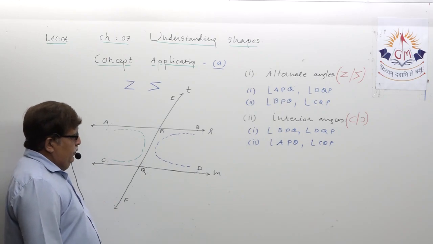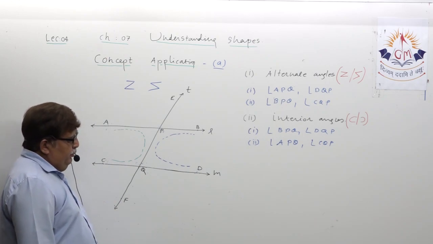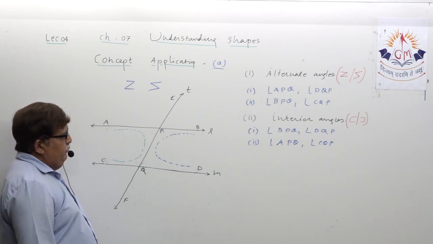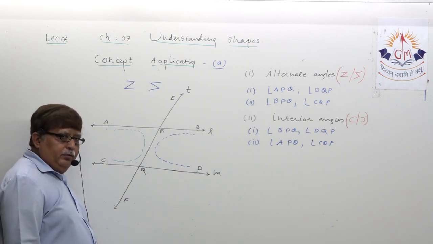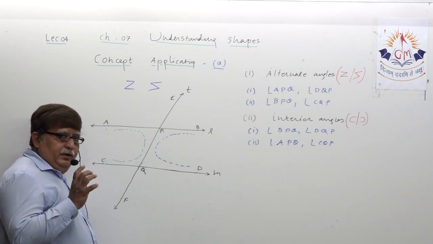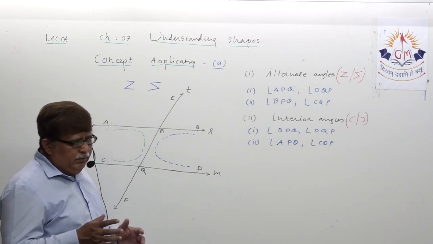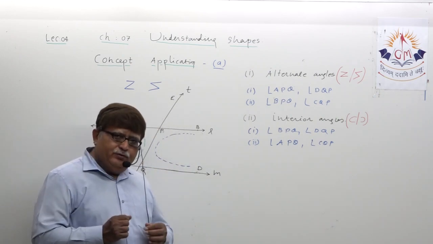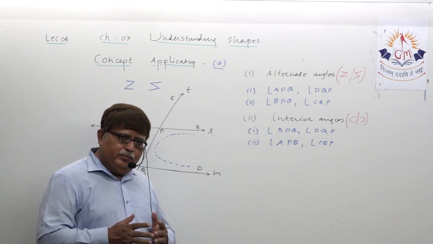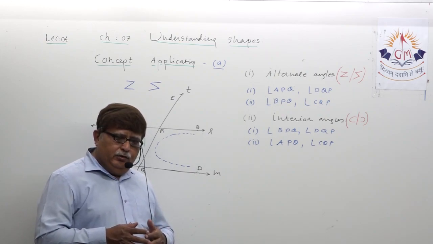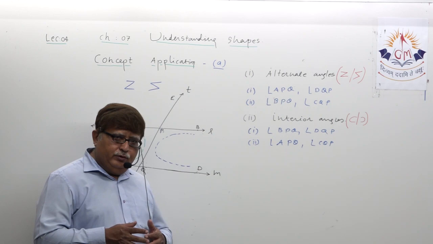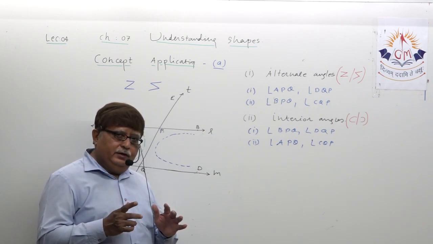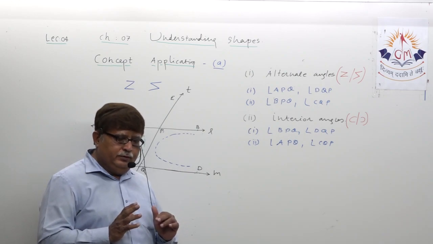For you, the very important point is to start thinking, whenever any complicated diagram is given to you and somebody asks you to find a pair of alternate angles, your mindset has to be regarding Z and inverted Z formation.